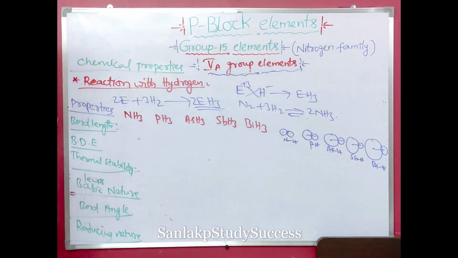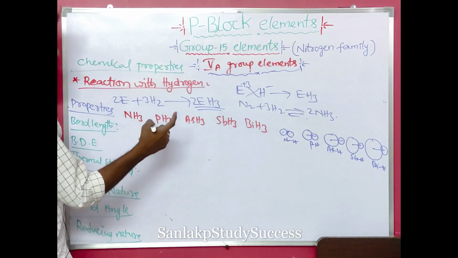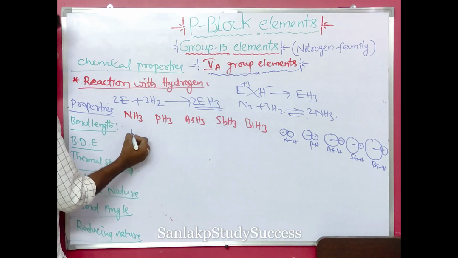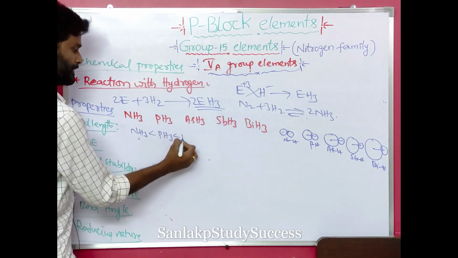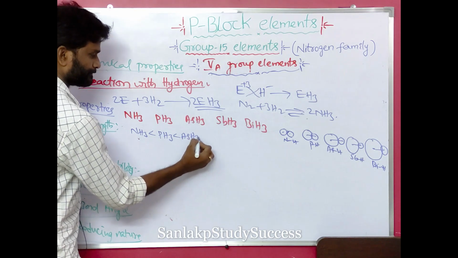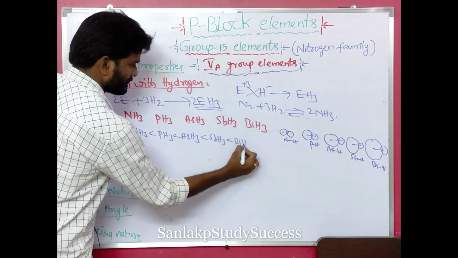So from NH3 to BiH3, bond length increases due to the increase in the size of the central atom. So NH3 to PH3, AsH3, SbH3 and BiH3.